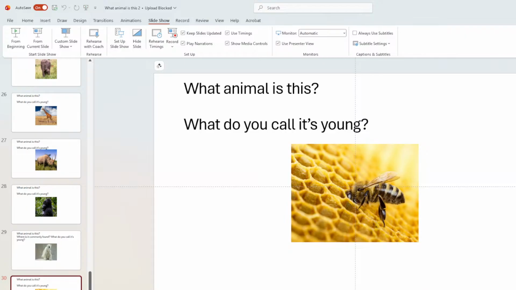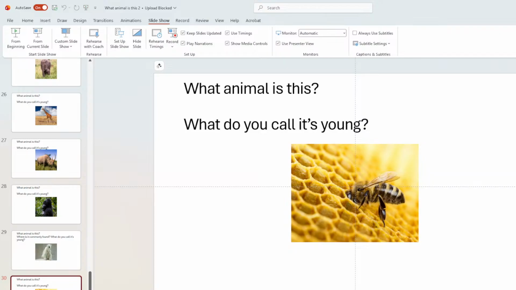Right there, what is it? Everyone has seen this animal at least at some point in their life. Some have even been stung by it, but it produces something that we enjoy in our homes often. What do we call that animal?